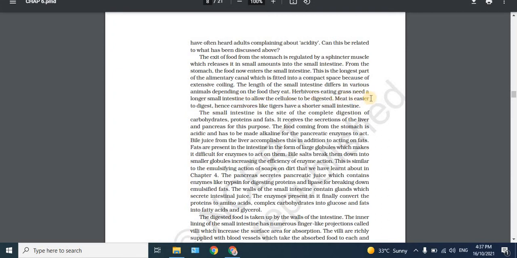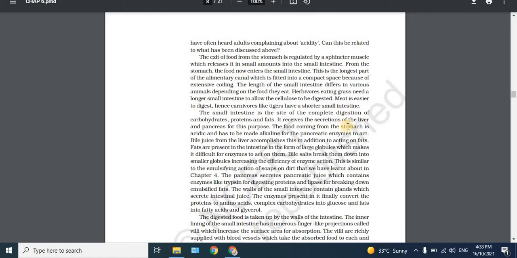The meat is easier to digest, hence carnivores like tigers have a shorter small intestine. The small intestine is the site of the complete digestion of carbohydrates, proteins and fats. It receives the secretions of the liver and the pancreas for this purpose.